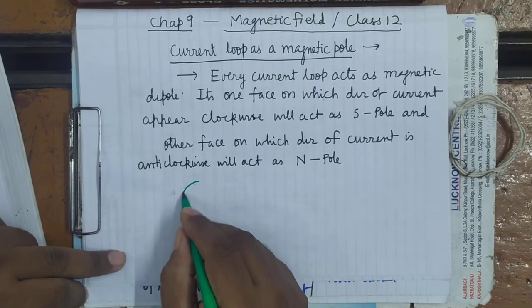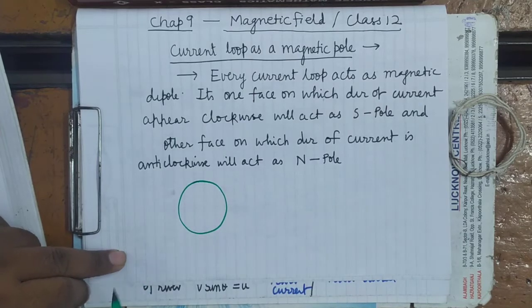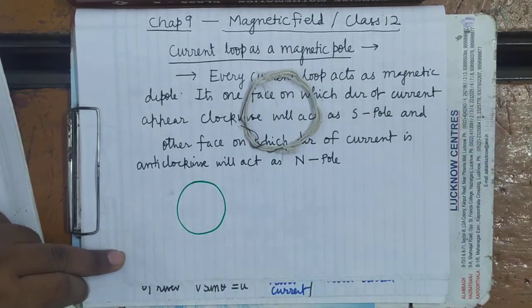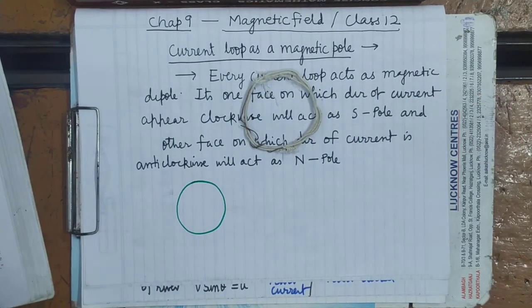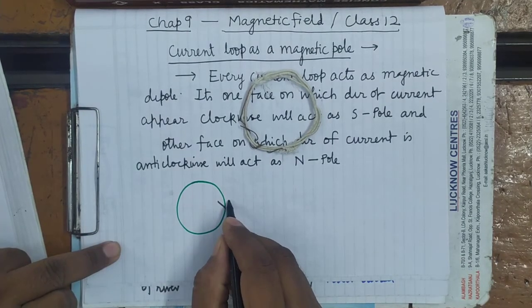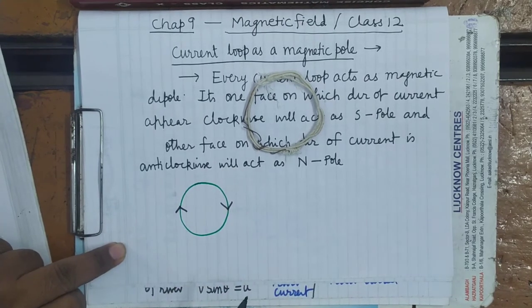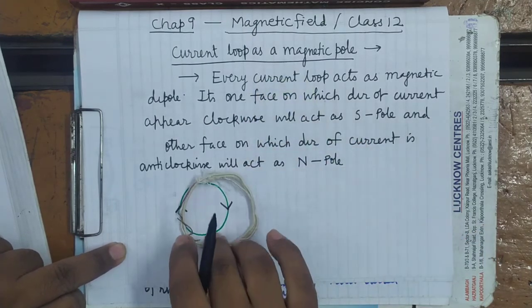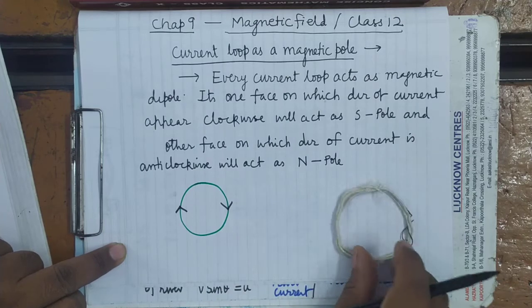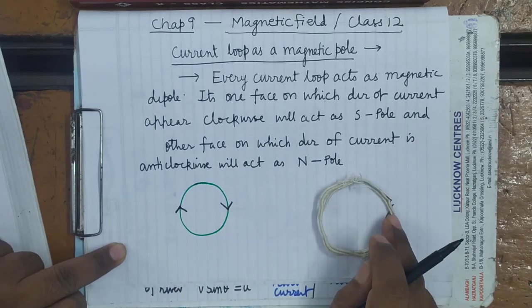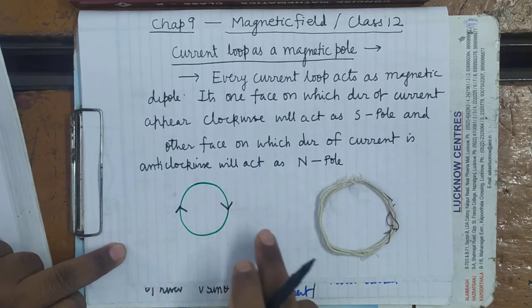If you see here, suppose this is a circular loop like this, and this is the current direction. You can see here that the direction of current will be clockwise. If you see from the other side, means if you invert it, then what will happen? This upward arrow will come on this side, and the downward arrow will come on this side.